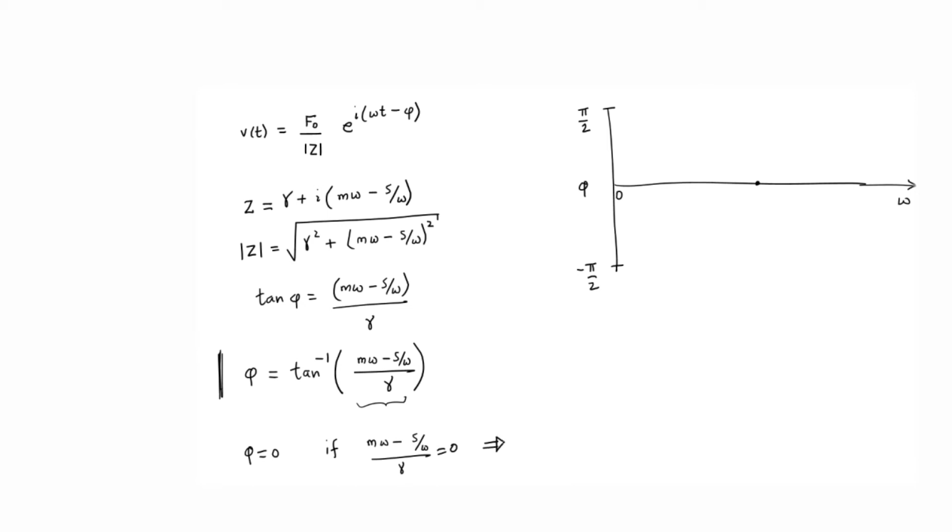This implies that omega square is equal to s by m, and we know that s by m is what we attribute as the natural frequency of oscillation, which we will denote by omega 0 square. So, this is the point where omega is equal to omega 0, which is equal to the square root of s by m.